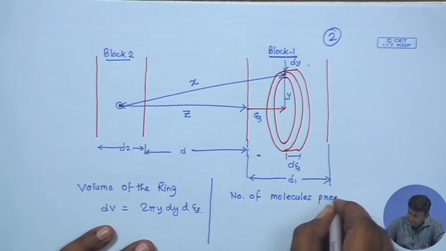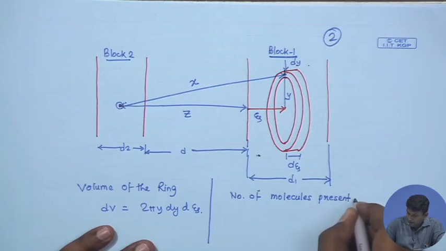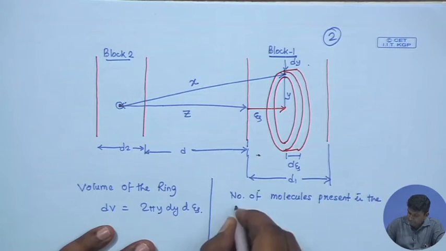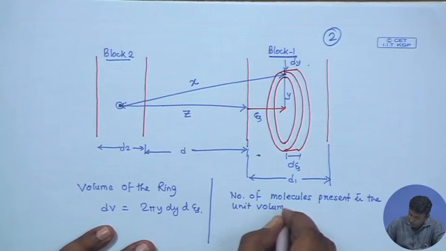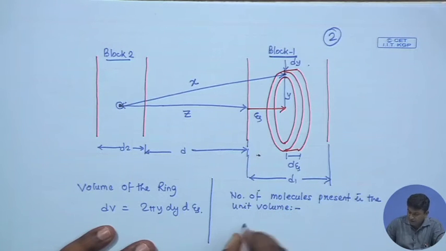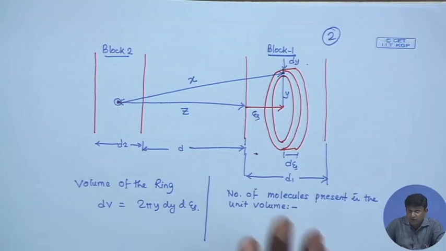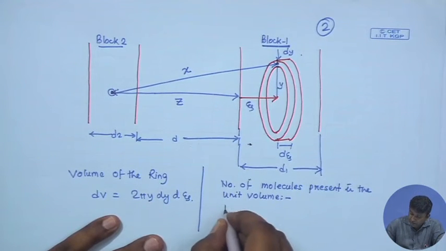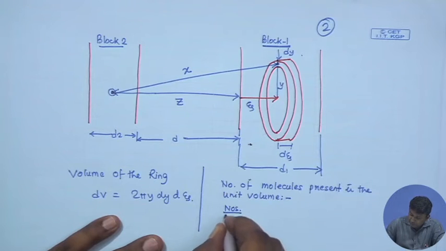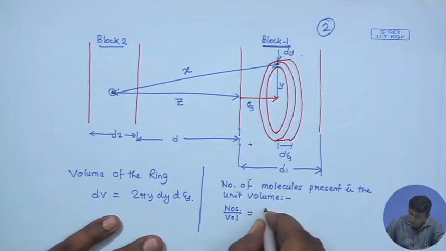present in a unit volume. In a unit volume, one can easily calculate it from Avogadro's number, but I will show it in the most simple way, so that you all understand and can remember. It is essentially numbers per volume that we are going to find out, and this is something that is known.